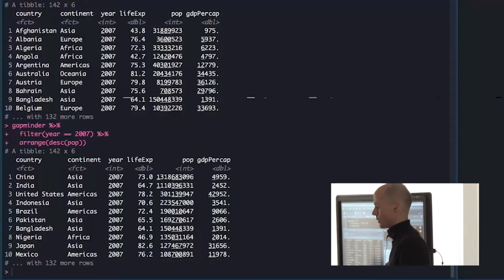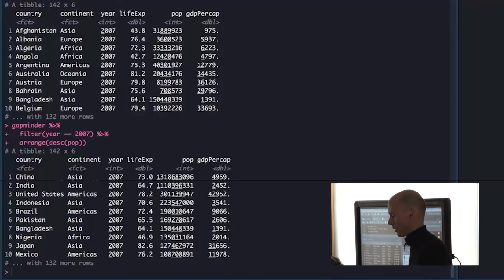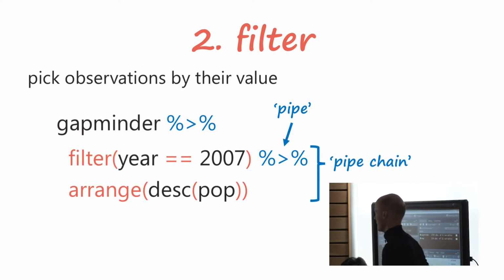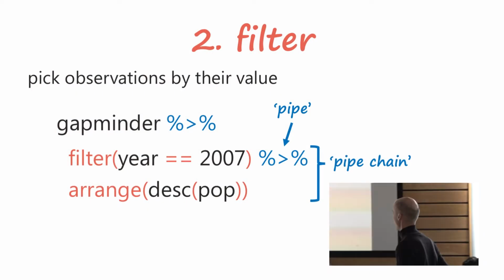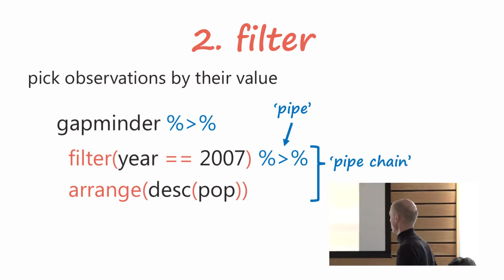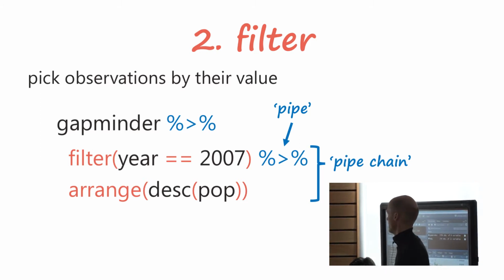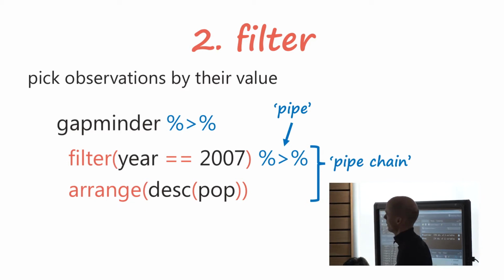So I didn't actually know that Indonesia had the 4th highest population in the world. If you were to need to refer to that symbol, you'd call it a pipe. And if you were referring to the whole sequence of instructions, you could call it a pipe chain. We're just chaining together commands.